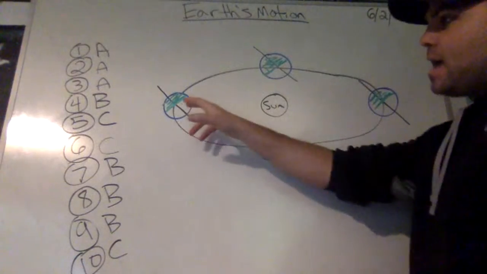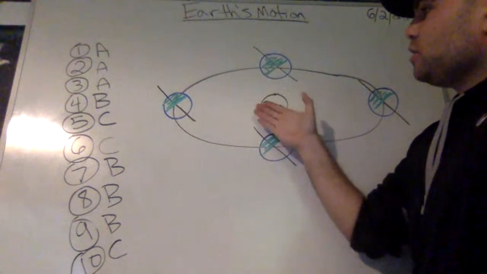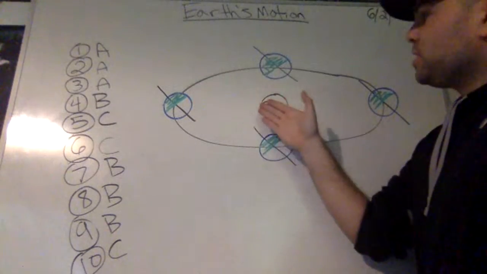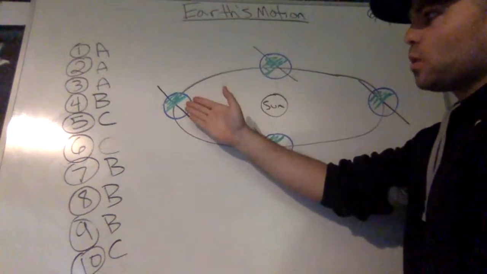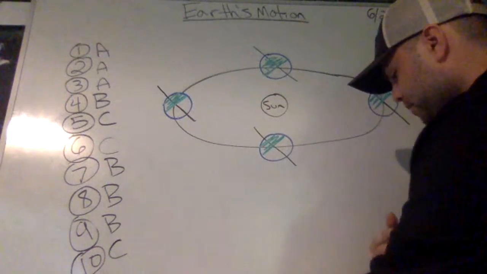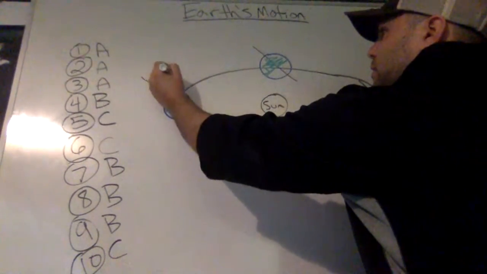Now, since it's tilted, it's still rotating. So the northern hemisphere is actually pointed away from the sun when it's on this side of the sun in the orbit. So for this time, the northern hemisphere is not getting as much sunlight. So this is going to be the winter time. All right, this is the winter season.